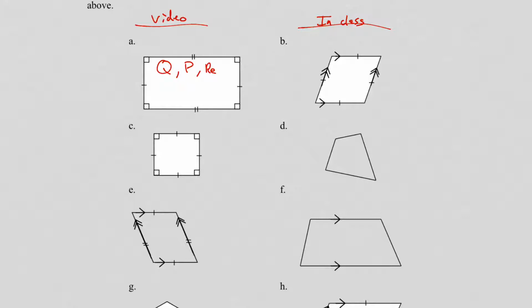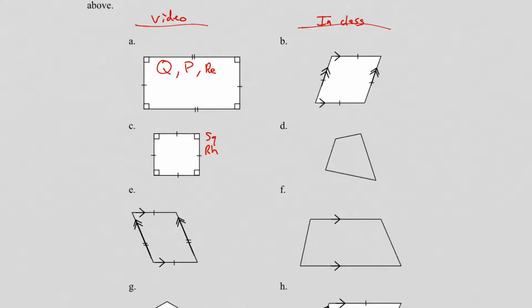Okay, so we know this one's a square. But we also know that this could be a rhombus. This meets the conditions of a rhombus. Okay, even though it's not tilted, it's still a rhombus.